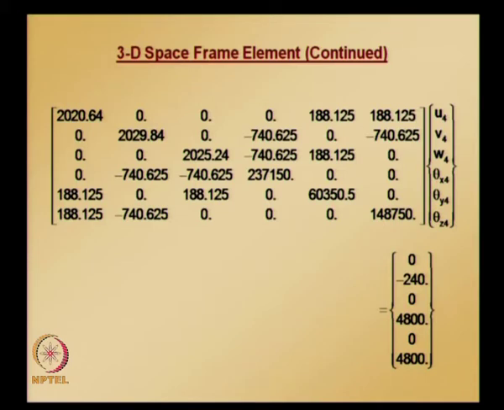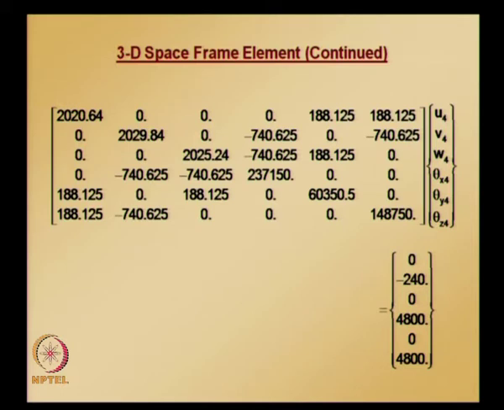Thus, the global equations are obtained by this: whatever stiffness contribution we got from element 1, element 2, element 3, if you sum up we get this stiffness matrix shown in this slide, and the force vector is obtained by summing up the equivalent load vectors from elements 1 and 2.